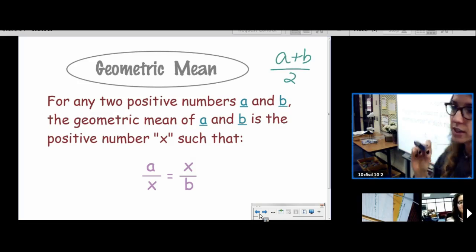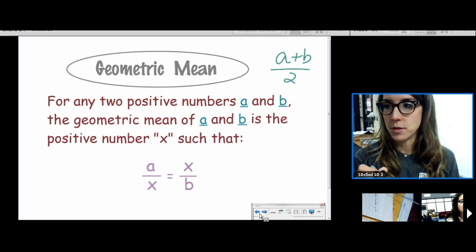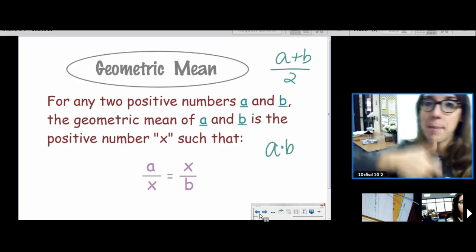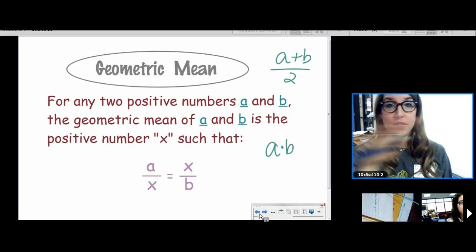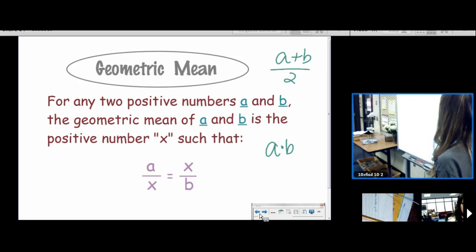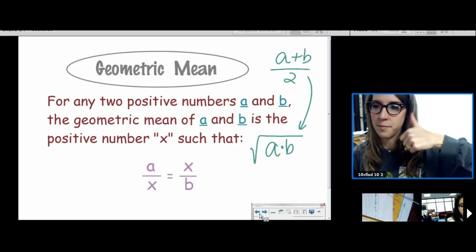By geometric mean, you step up both of those. Instead of adding, what do you do? You multiply. I just stepped up adding to the next thing. Instead of dividing by 2, what can you do greater than dividing by 2? You square root. So it's like taking the arithmetic mean, but stepping it up.